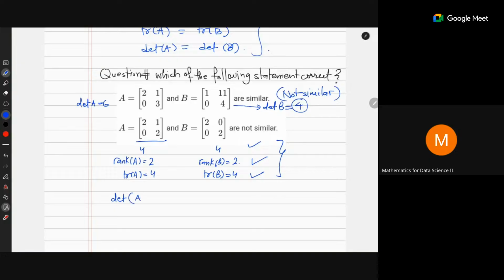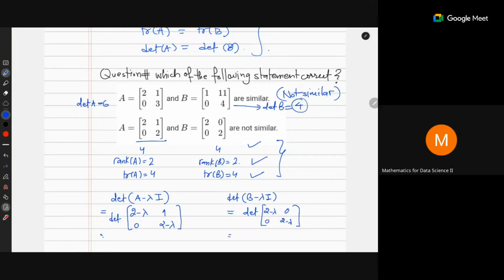So how do we find the polynomial? A minus lambda I. So what is A minus lambda I? It is 2 minus lambda, 1, 0, 2 minus lambda. And you calculate the determinant of this. Similarly, what is the determinant of B minus lambda I? It is going to be the determinant of 2 minus lambda, 1, 0, 0.